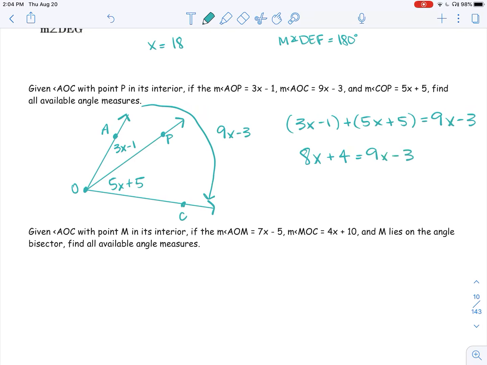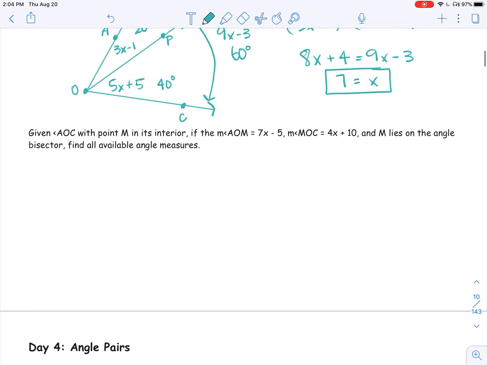Let's see, add the 3. So x is equal to 7. And then if we plug the 7 back in, 3 times 7 is 21 minus 1 is 20. This will be 35 plus 5 is 40. And just to double check our math, 9 times 7 is 63 minus 3 is 60. So those numbers all add up.